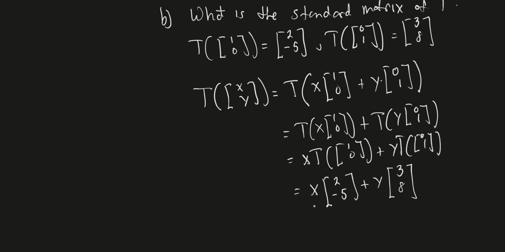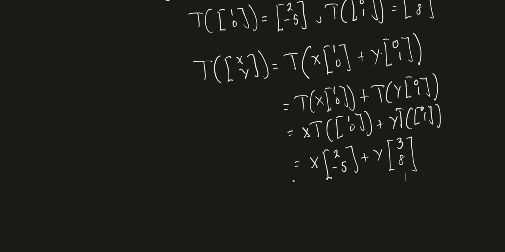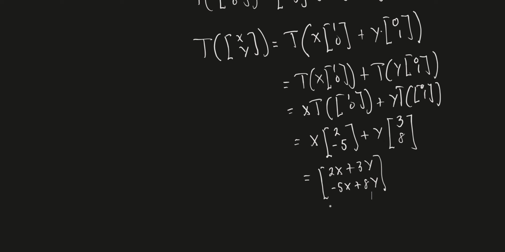So if I now add these together, look at what we get. Essentially now this is the general rule for the transformation. It takes the vector (x, y) and produces this other vector (2x + 3y, -5x + 8y), right? But this vector now can be written as the product of two matrices.